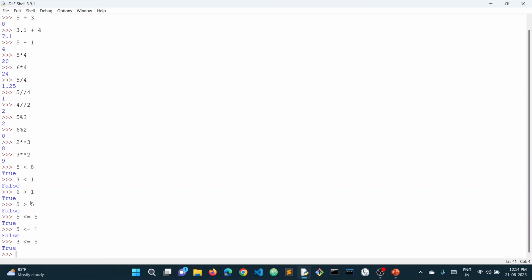Now coming to the double equal to operator. If we want to say in Python that 5 is equal to 5, most of you think that we will write it this way. But let me tell you that we cannot use the single equal to sign for comparing two numbers, or saying that these two numbers are equal, because in Python the single equal to is the assignment operator.